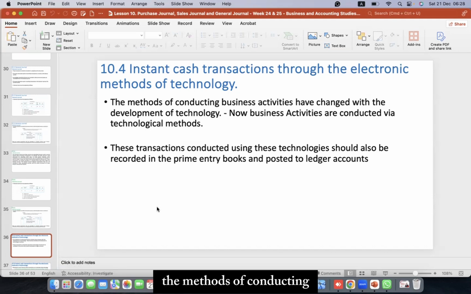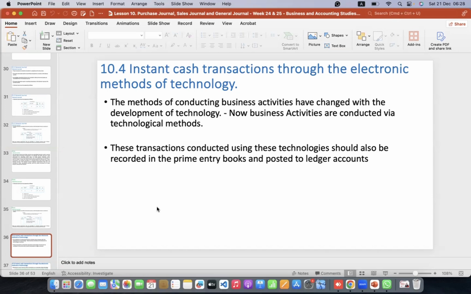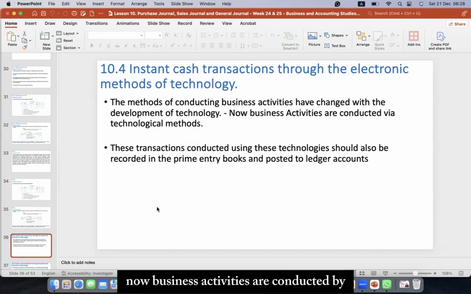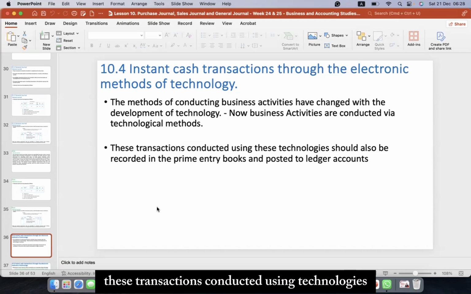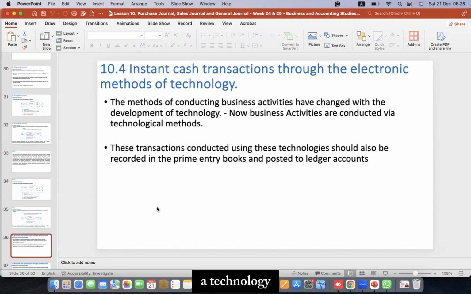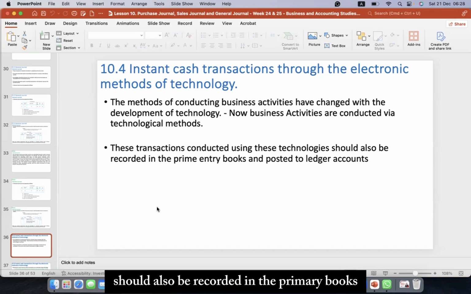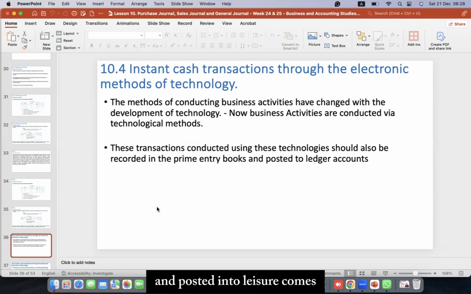The methods of conducting business activities have changed with the development of technology. Now, business activities are conducted by technological methods. These transactions conducted using technology should also be recorded in the prime entry books and posted into ledger accounts.